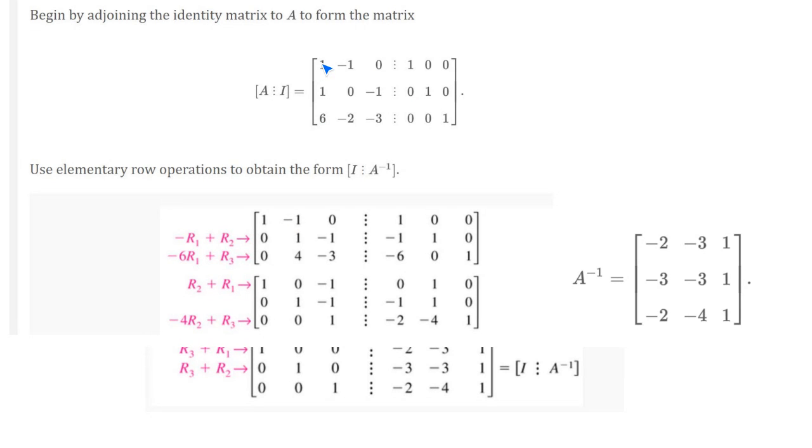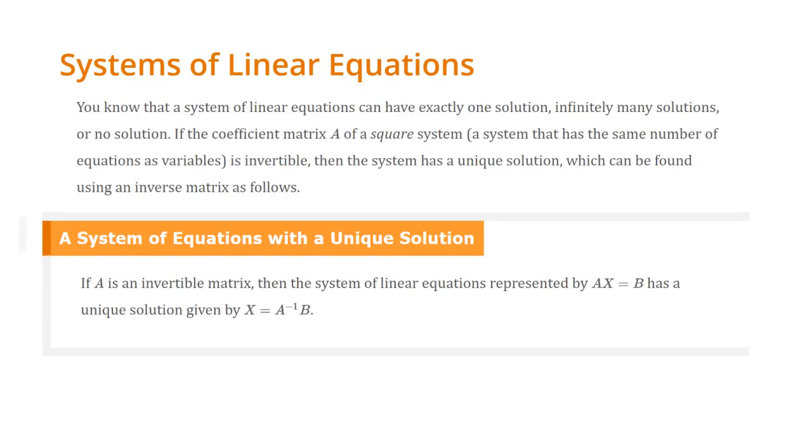You would use this number to make everything below it 0. And if you notice here, we got the zeros. Then you would keep using the method until we broke it down to your identity, and whatever's left on the right would be your inverse. So this is using the row operations.